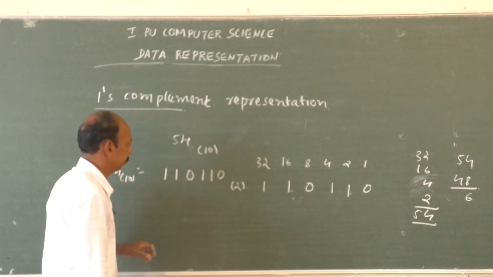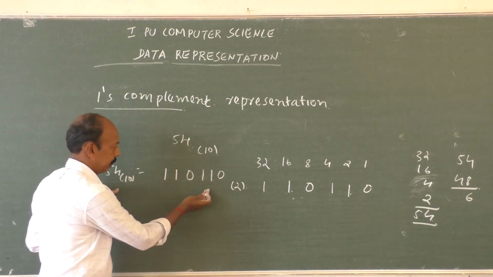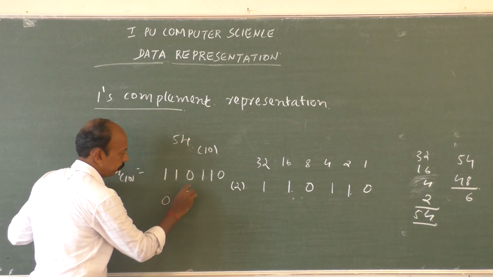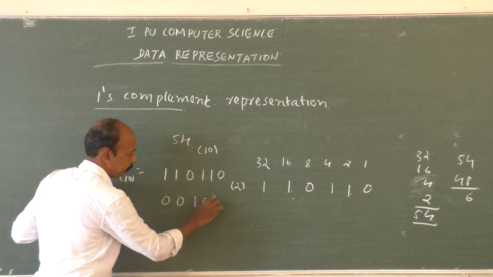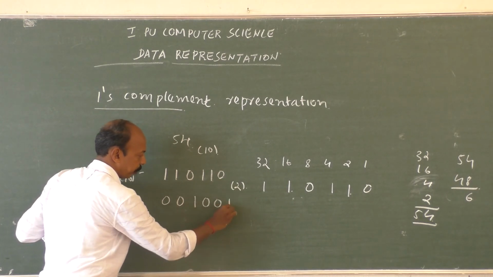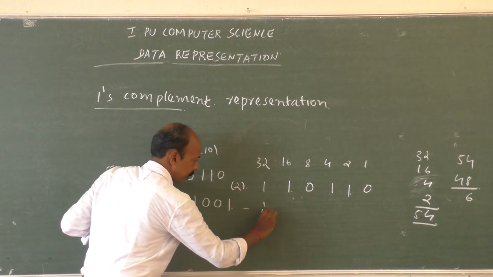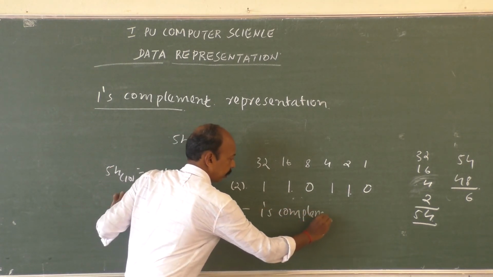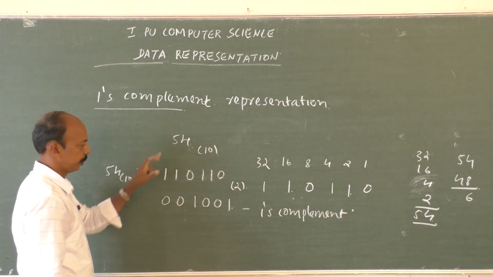What next? Write that in 1's complement. 1 to 0, 1 to 0, 0 to 1, 1 to 0, 1 to 0, 0 to 1. So this is the 1's complement of 54.